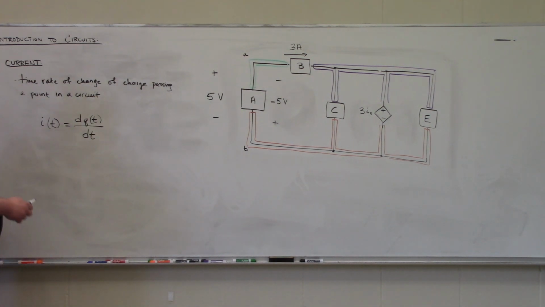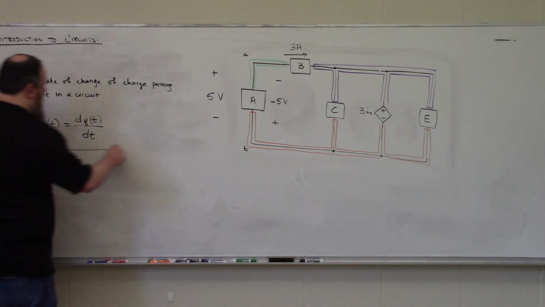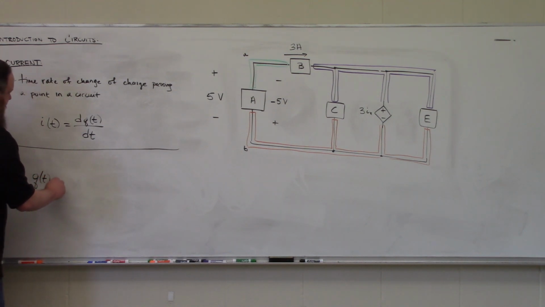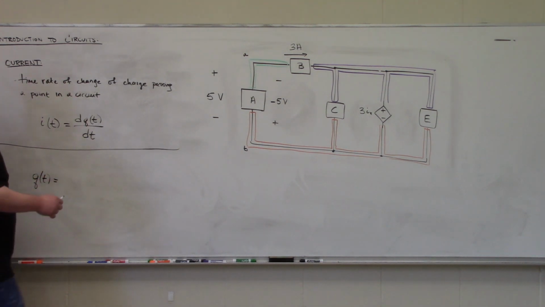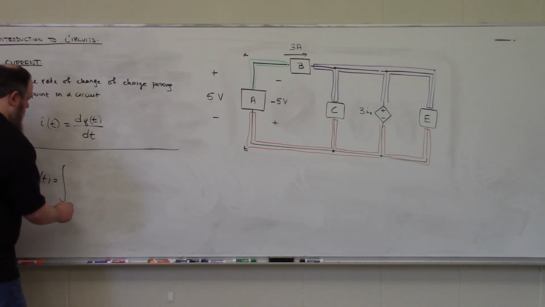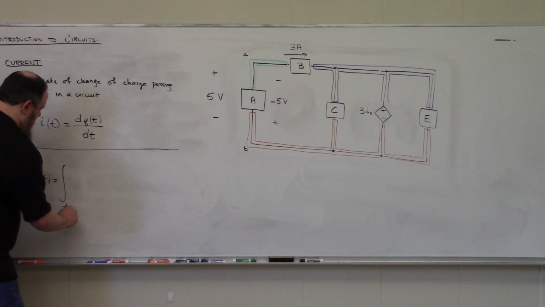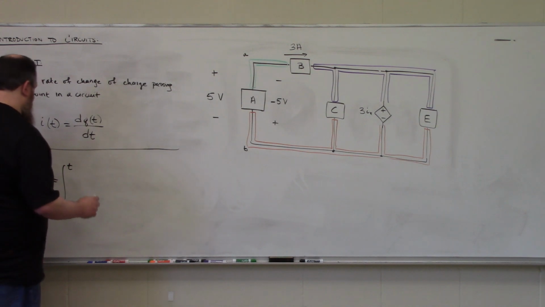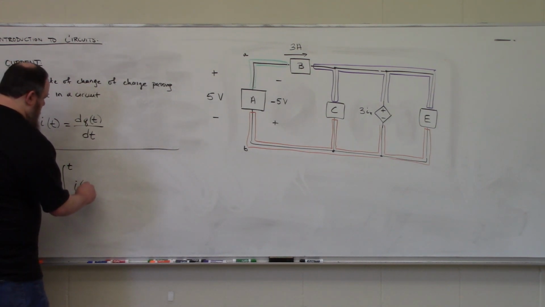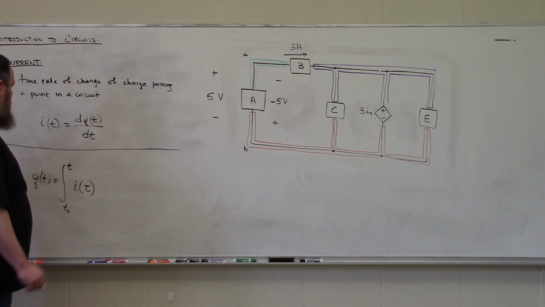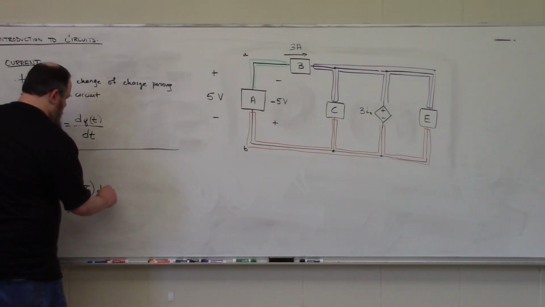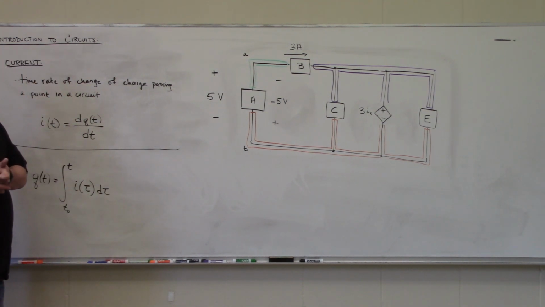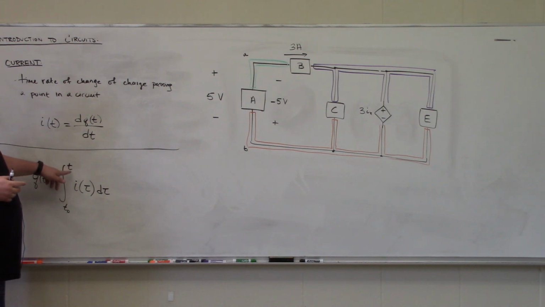From this, we can actually rearrange, and this is not a definition for current, so I want to be clear about that. We can define charge in terms of current. This is often useful. So it's going to be the integral from some time when we know what the charge is to some later point in time of the current with respect to time, where tau, I'm using it as a dummy variable representing time because I shouldn't have t here.